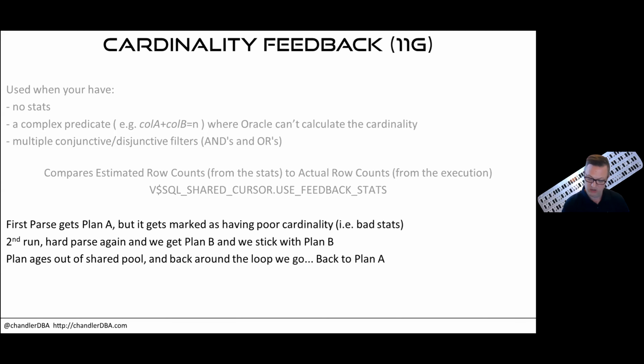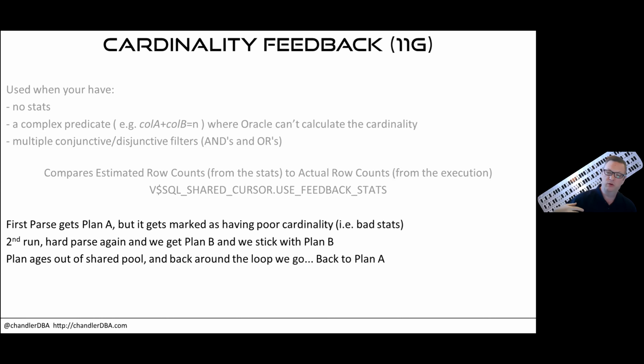So what happens, and Chris was talking about this earlier, your first parse gets a plan, but it gets marked as having poor cardinality. Your second run, you get a hard parse again, a child cursor, and we get plan B and we stick with plan B. Our plans may then age out of the shared pool.